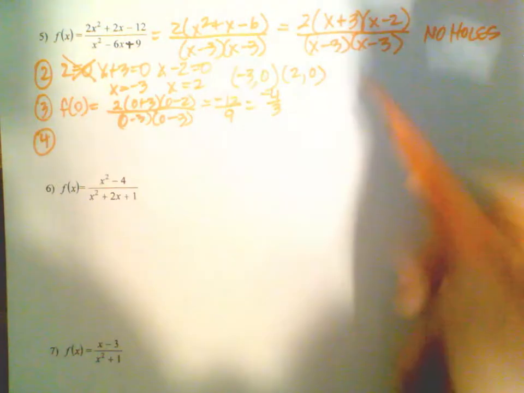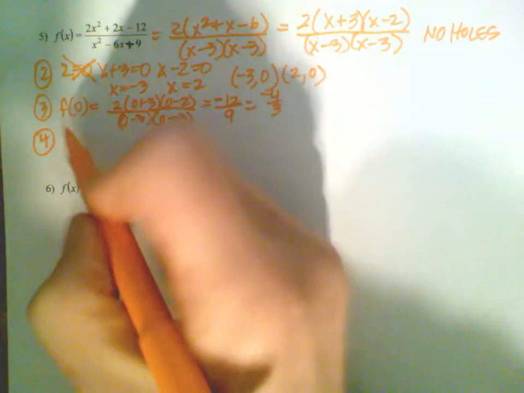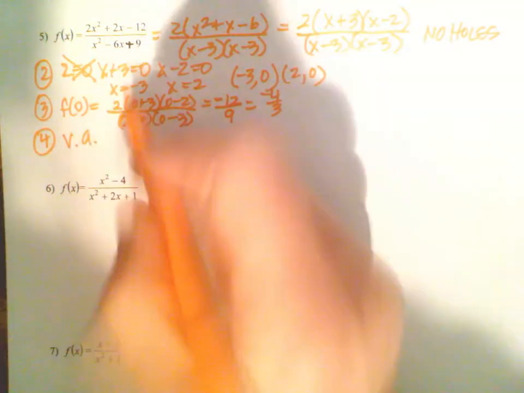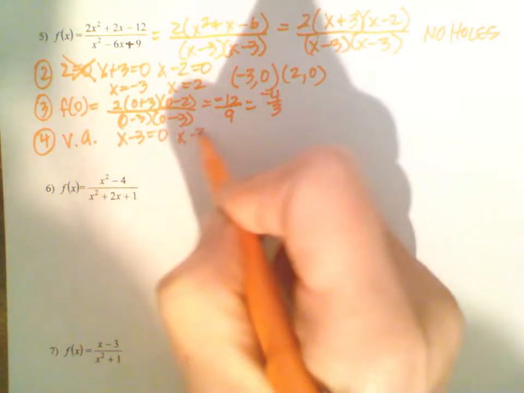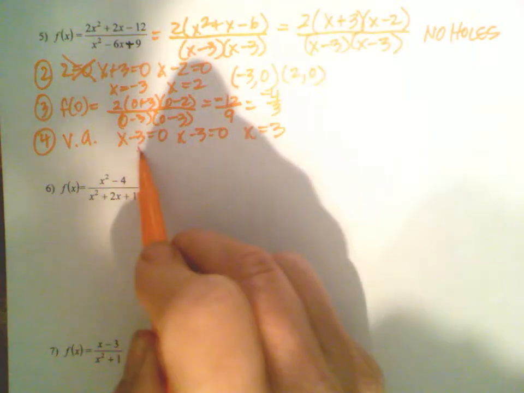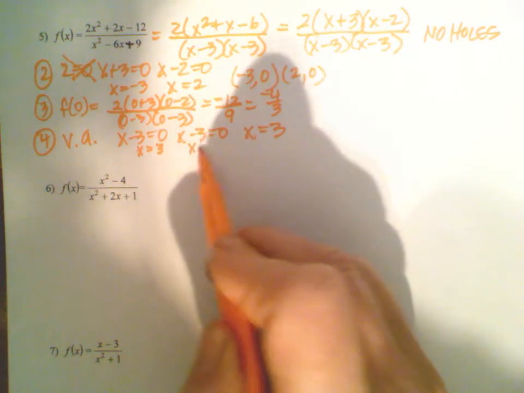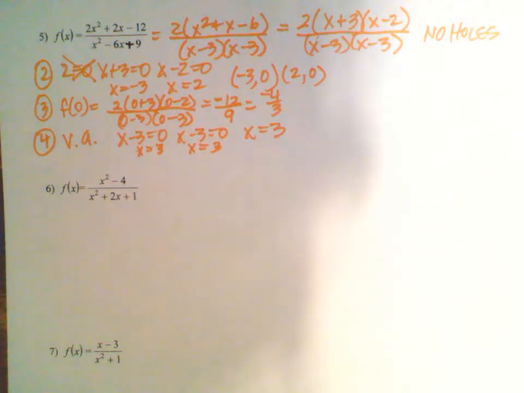My next move is to do the vertical asymptotes. That is when the denominator equals 0, x minus 3 equals 0, and x minus 3 equals 0. That's at x equals 3. Because they both equal 3, that's where the culprit is around that vertical asymptote. If I get a repeating vertical asymptote, I can't draw it twice.